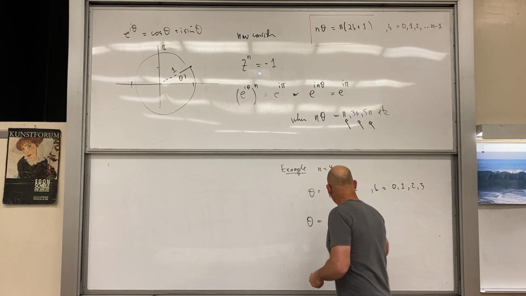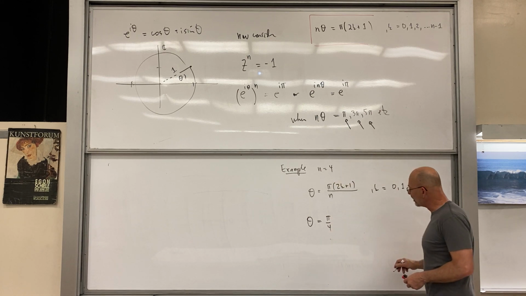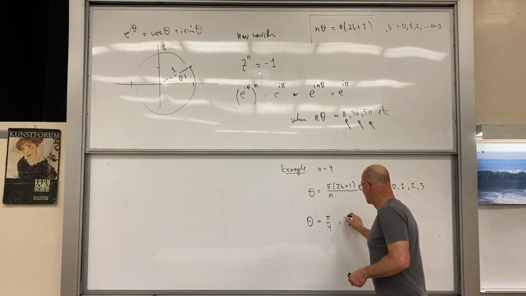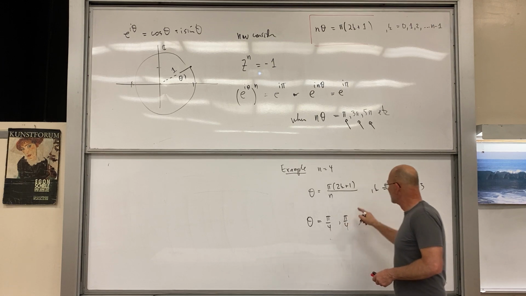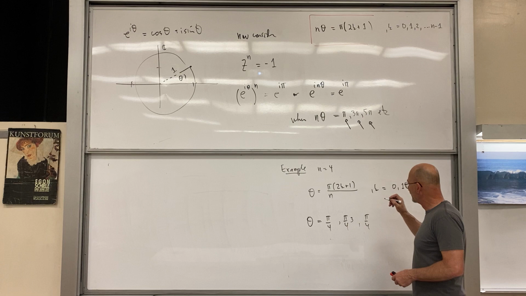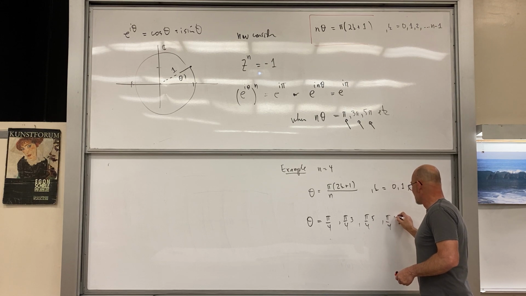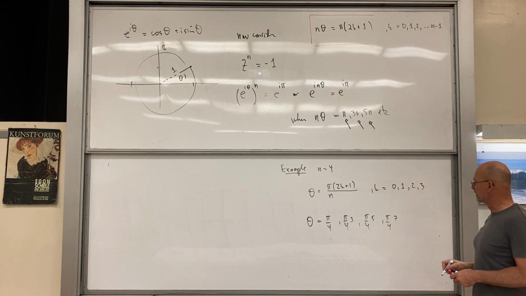So theta is going to equal pi over 4 times 1, pi over 4 times 3, pi over 4 times 5, pi over 4 times 7. 1, 3, 5, 7.